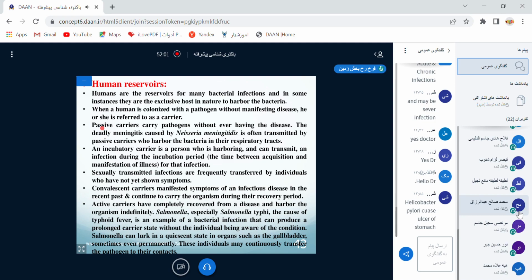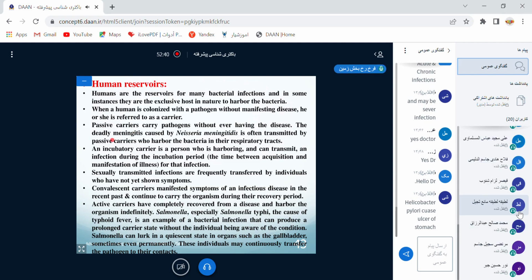So sometimes for a long time, or in total, there are no signs and symptoms, and this person is only a carrier. They never feel the related disease, the infection never shows itself in the person, but in the whole time this passive carrier can transfer infection to other people.